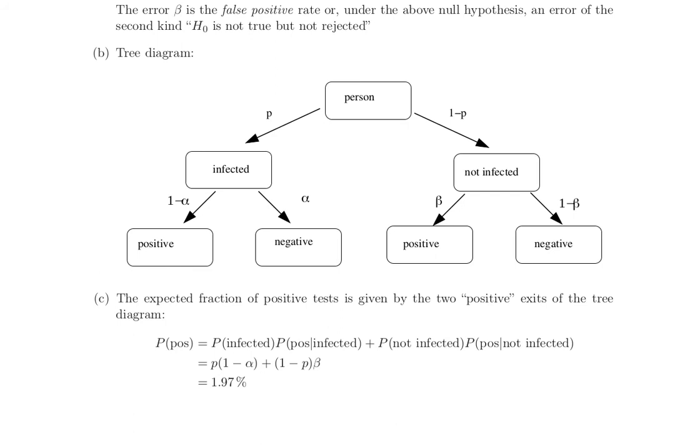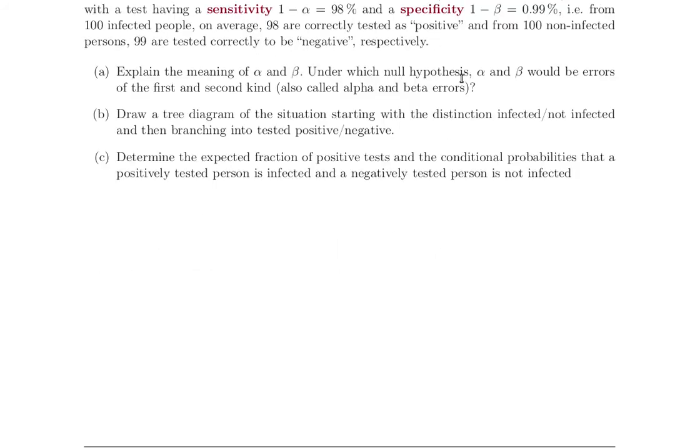So this is a tree diagram, and with this tree diagram you can also easily answer the last sub-problem. Determine the expected fraction of positive tests, and then the conditional probabilities that a positively tested person is infected and a negatively tested person is not infected.